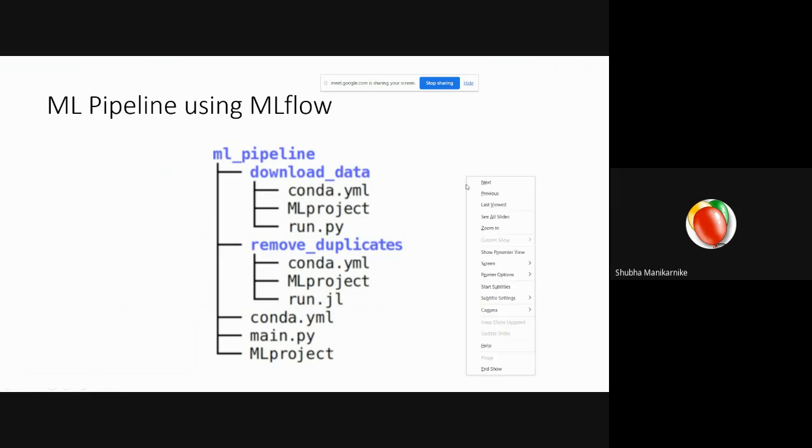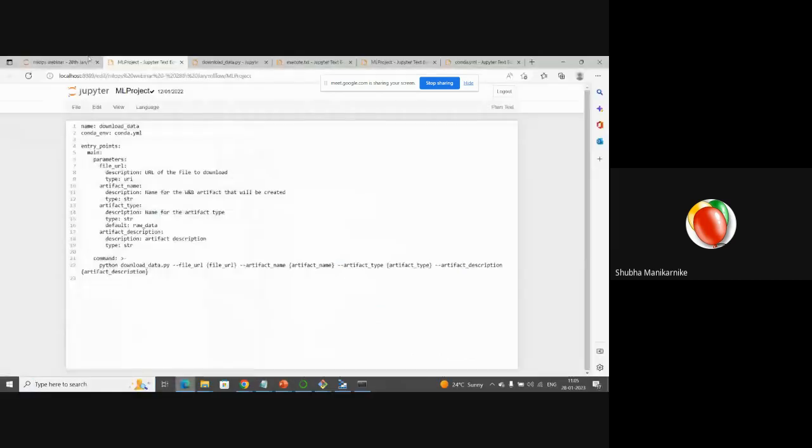Each of the components that you have over here has to follow the same format. You need a conda.yml, an MLproject and a run.py. So it is the same thing that has to be followed. Let's look at that example over here.